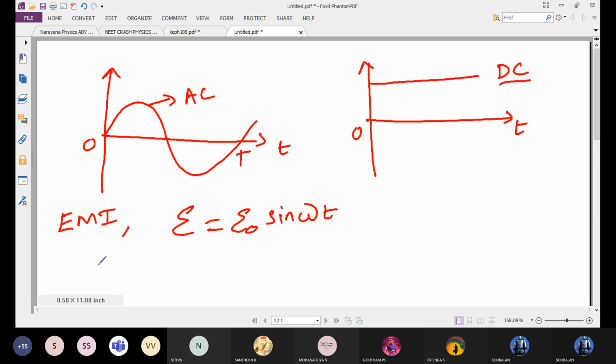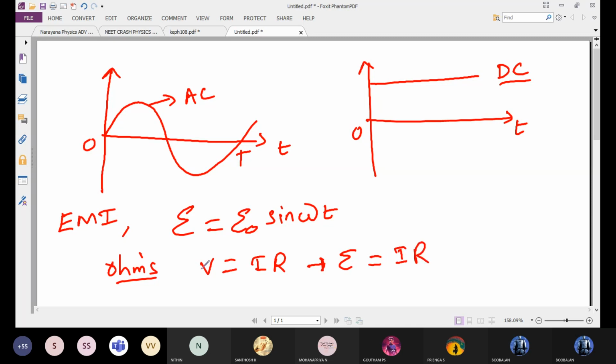Okay, now using Ohm's law, V is equal to IR. Instead of V, I am using E, the potential. So E is equal to IR.